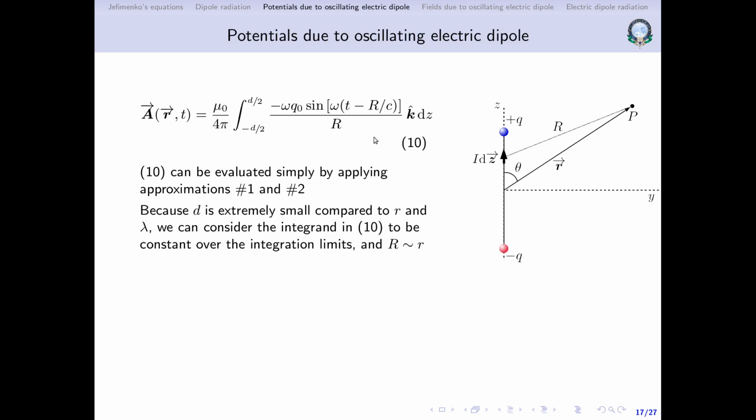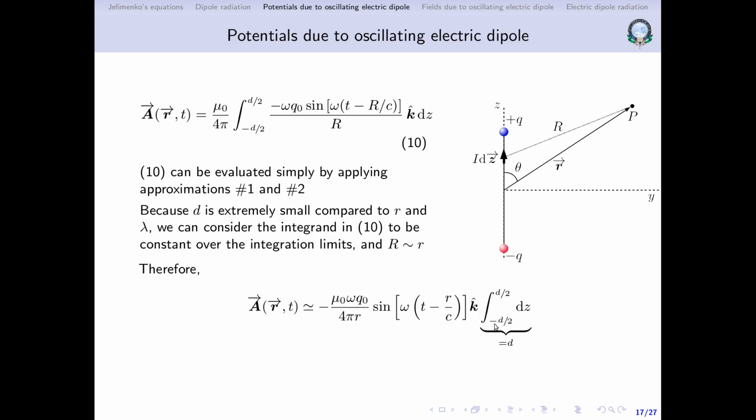Because the integrand becomes a constant, we can safely take it outside the integral. Of course there is a minus sign: μ0 ω q0 divided by 4π, and capital R is approximately equal to small r, so I can take it here. Then sin(ω(t − r/c)), and k cap, also a constant unit vector, I can take out.